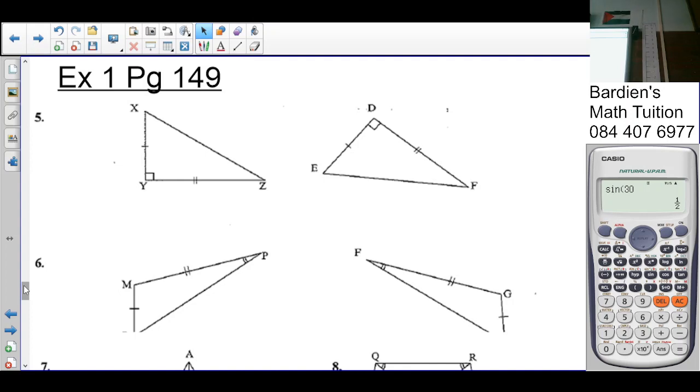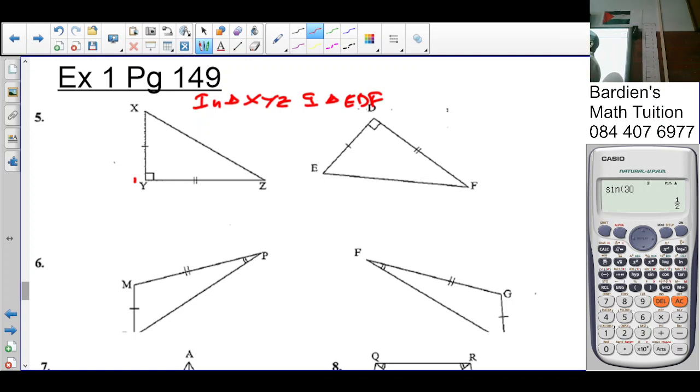Right, let's look at the next one. What can I say here? In triangle XYZ and triangle, so we got X going to Y to the 90 through the stroke 1. So it will be E, D, F. Can you see that, people? It must be the same path that I follow here.